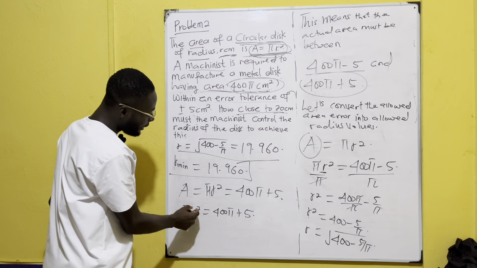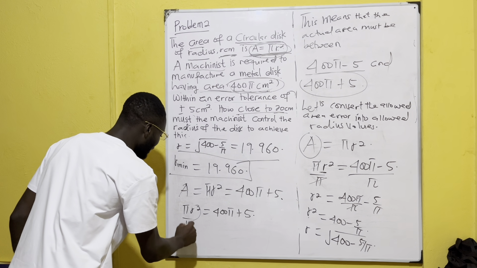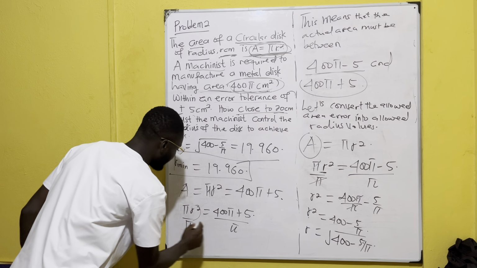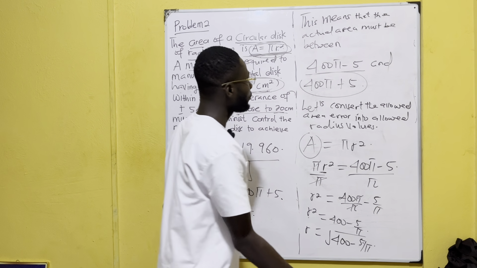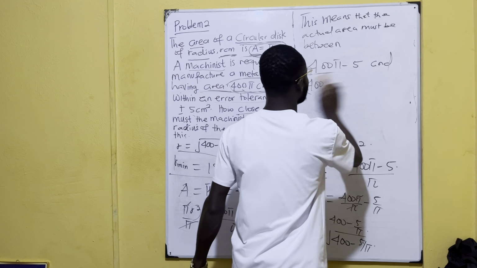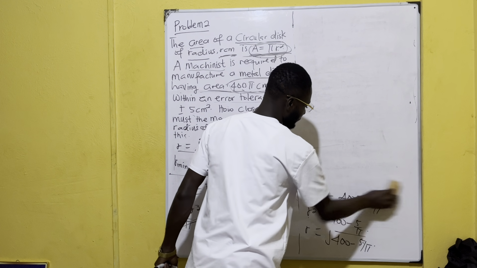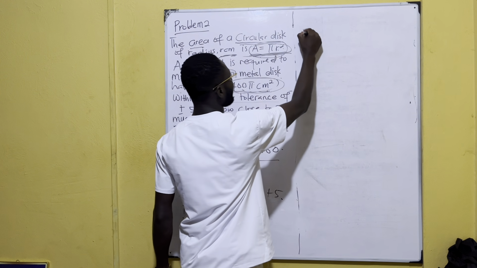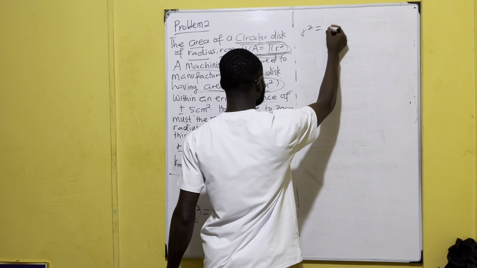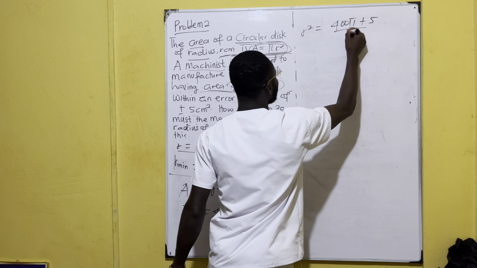Okay, we need r. So we divide here by pi, here by pi. Okay, so we move up here, and then we have r squared equals 400 pi plus 5 divided by pi.